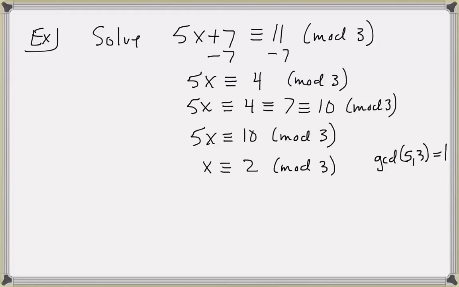So we can cancel a common factor that's relatively prime to the modulus without changing the modulus. So x is congruent to 2 mod 3. Any number that's 2 more than a multiple of 3 will solve the original congruence.